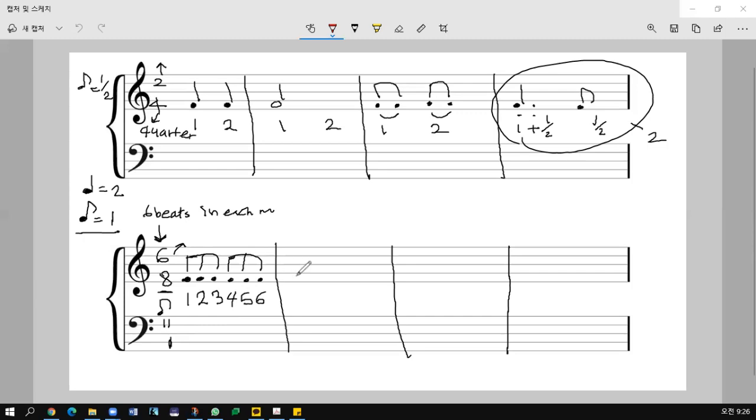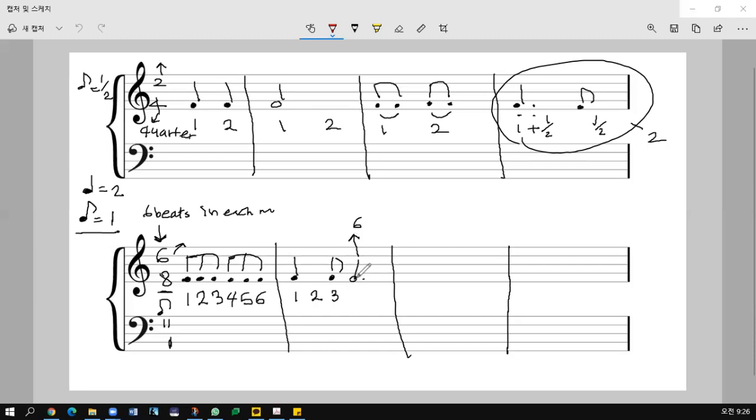So if you put 1 quarter note here, it's not 1 anymore. It's 1, 2, and I'm just gonna put eighth note is 1, 2, 3, okay? And what about dotted half? If you put dotted half note here, it's not 3, this is 6 beats, okay?